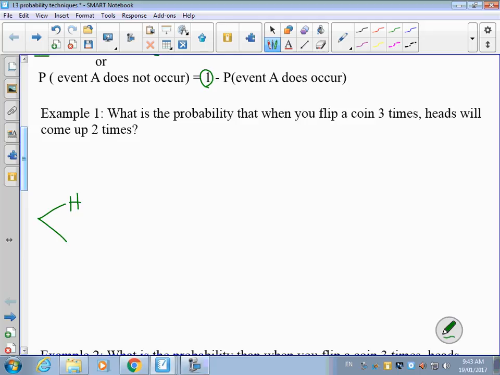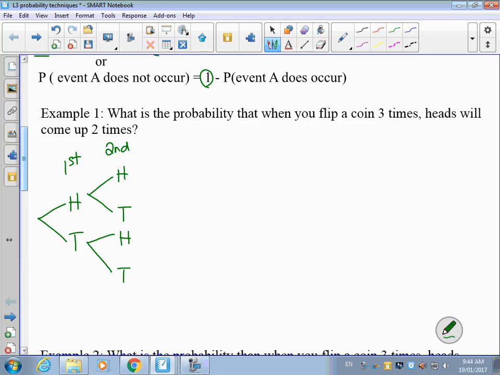I know that the first time I flip my coin, I will get either a head or a tail. And then if I get a head, I'll flip it again, and I'll either get a head or a tail. If I got a tail, I would flip the coin again as well, and I would also either get a head or a tail.